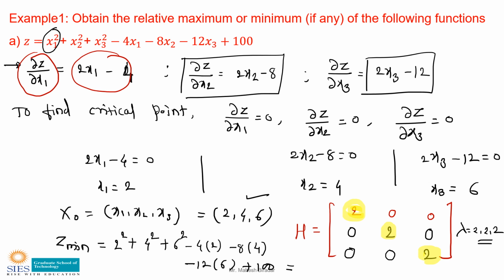If you simplify this with the help of a calculator, you will get the answer 44. So the value of the function is 44, which is the minimum value at the stationary point 2, 4, 6. So this is the first example we have discussed, NLPP first example without constraint.